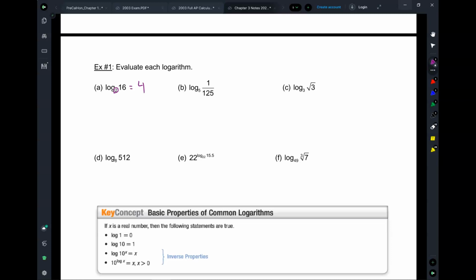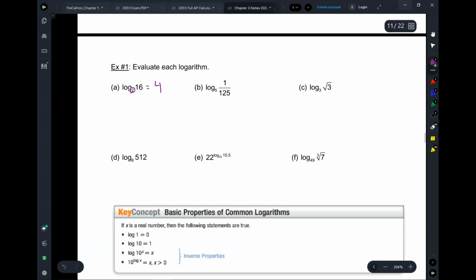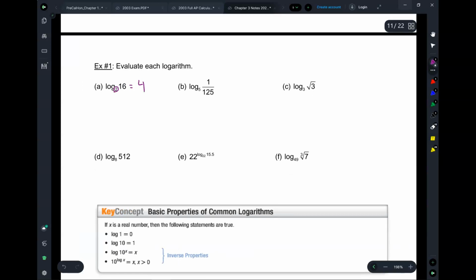Okay? So having said that, the numbers are not going to be like 5,234. Like no one knows those exponents, right? They should be things that you normally know. Okay? So this one: you have log base 5 of 1 over 125. So here's how I do this.